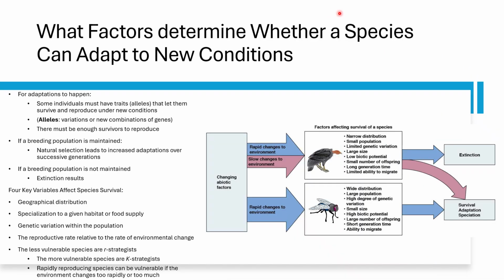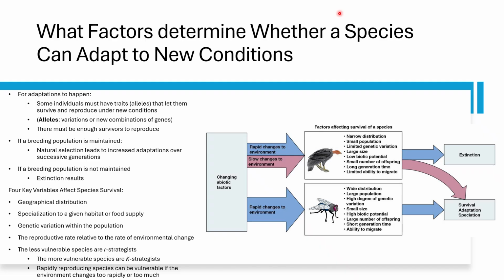So what does it take for a species to adapt to new conditions? You have to have individuals in a population that have the right traits, so the right combination of genes to survive. And there have to be enough individuals with those traits in order for them to survive and reproduce.